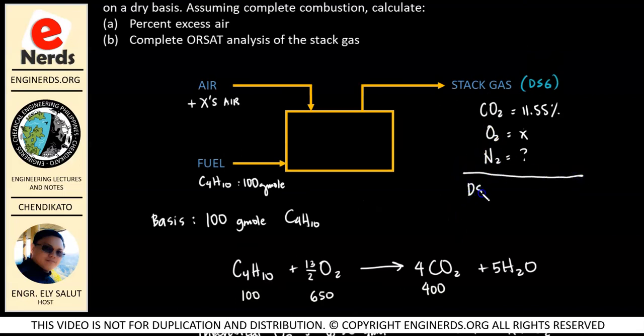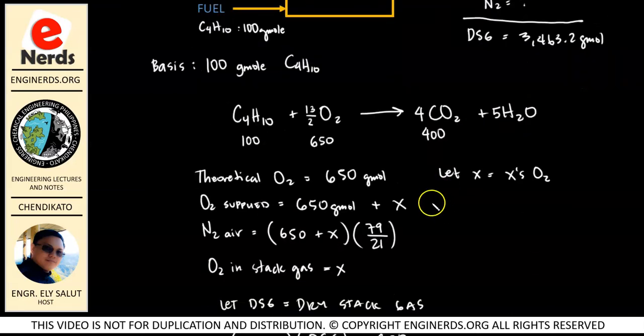So, we have dry stack gas is equal to 3,463.2 gram mole. Alright. So, here we know that our CO2 is equal to 400 gram mole. So, our O2 is X and our N2 is still unknown, but we have our equation in here.